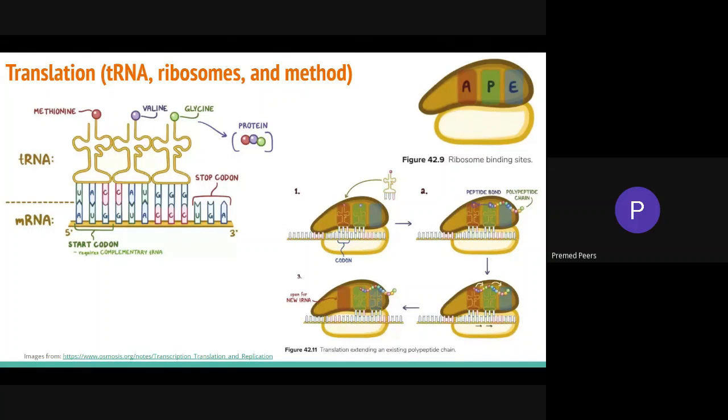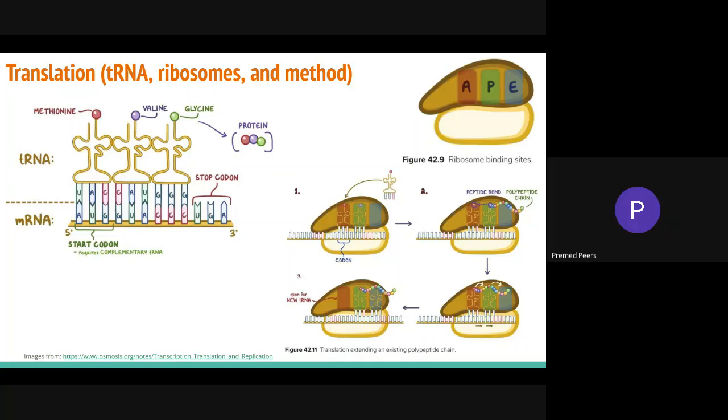In elongation, peptide bonds are formed between amino acids, and the mRNA is pulled along through the ribosome with new codons and their tRNA in the A site, previous amino acids in the P site, and empty tRNAs exiting through the E site. I think that one's easier to remember because you can just look at the first letter. So you'll have an amino acid in A, the polypeptide in P, and E for exit.